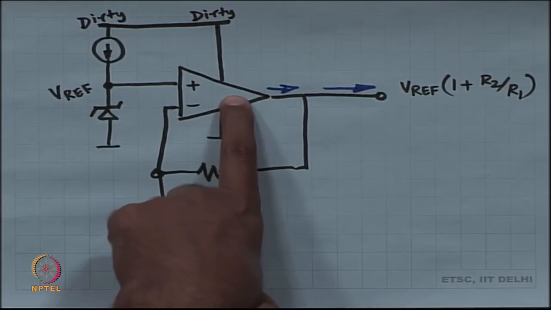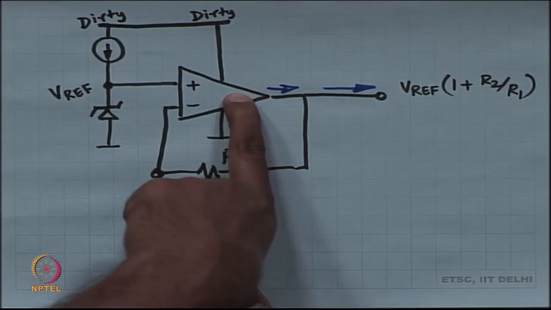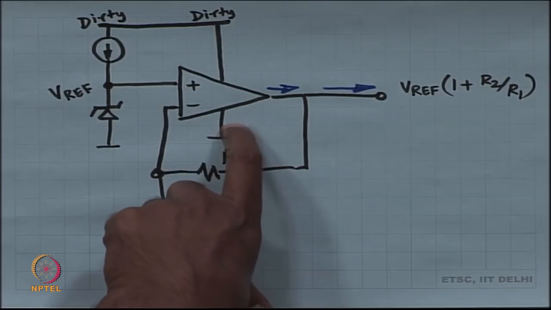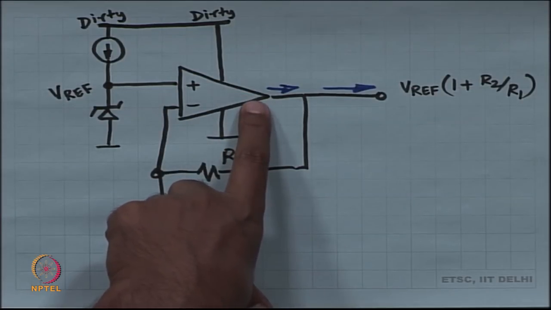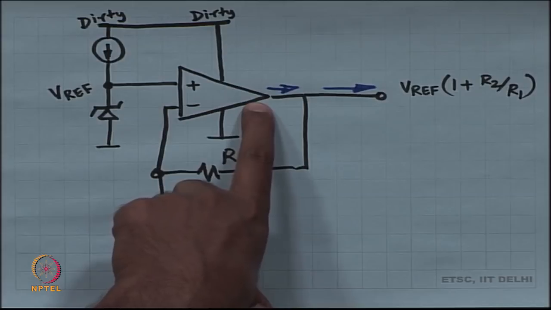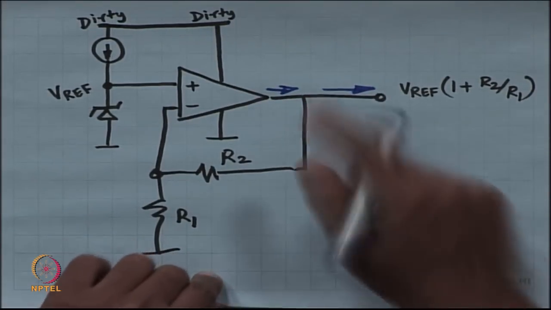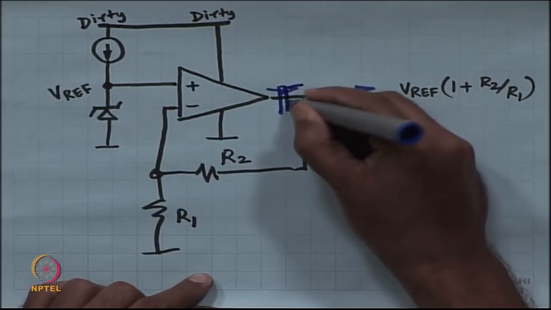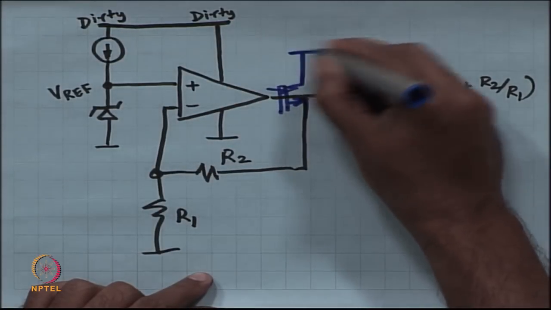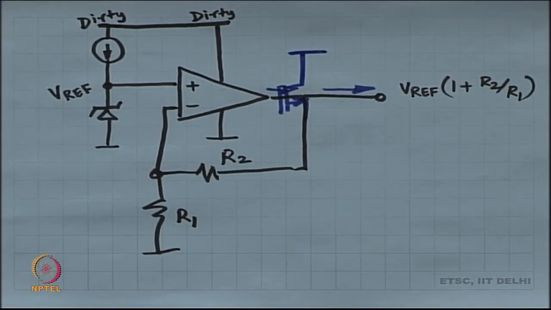Remember, the op amp output has a large impedance, so you do not want it to drive large amounts of current. Instead, what people do is they put a buffer in between. Let us redraw.